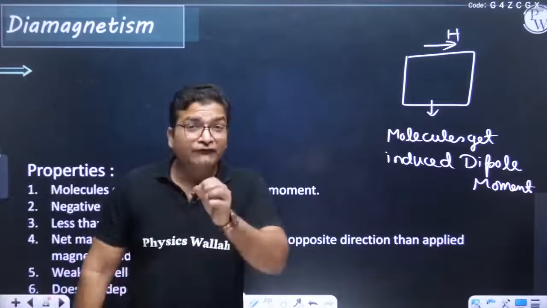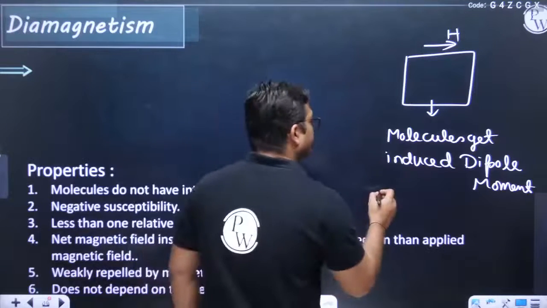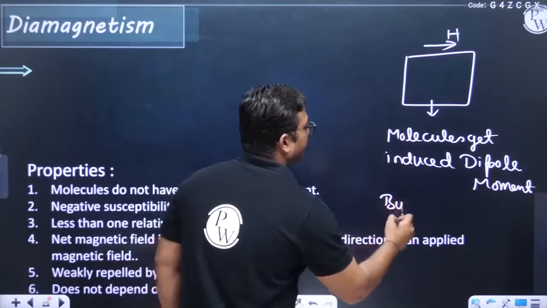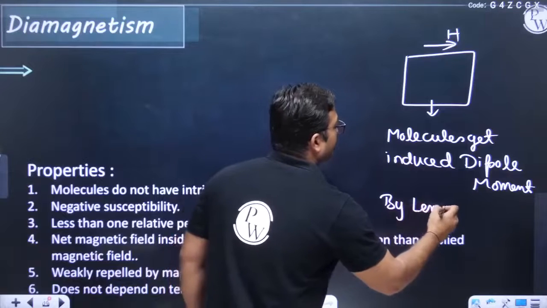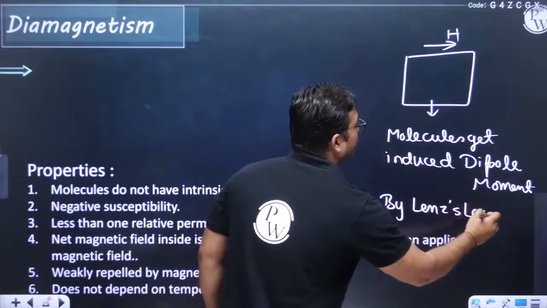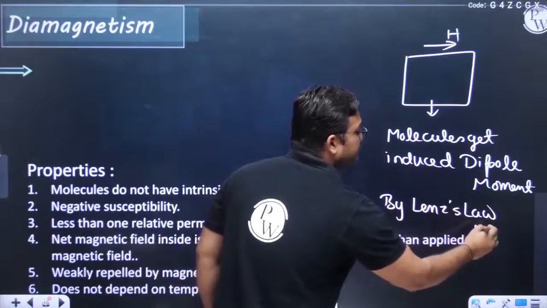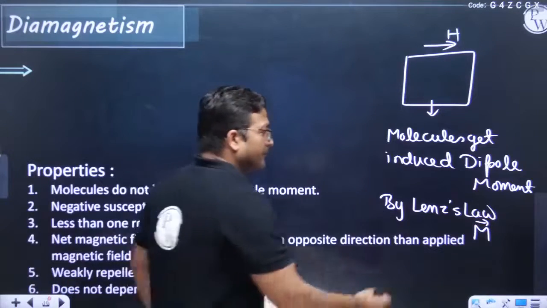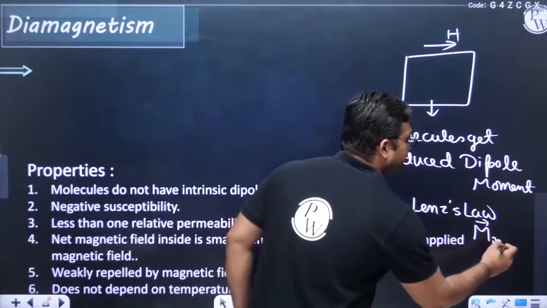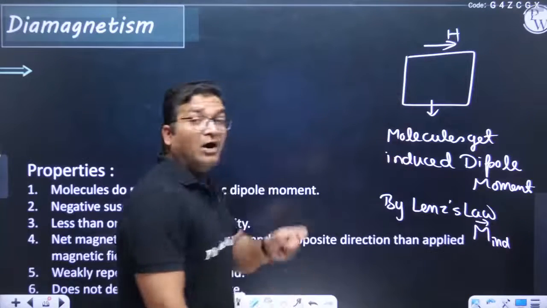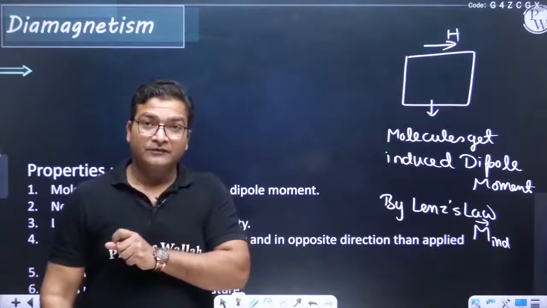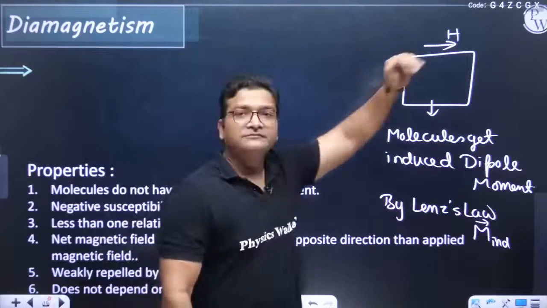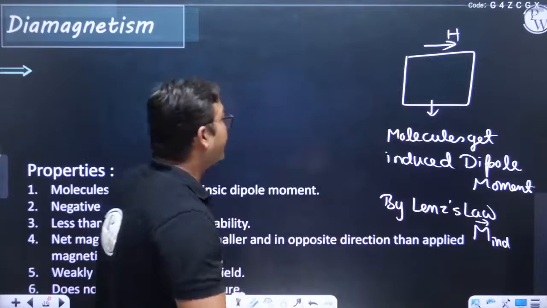And because of Lenz's law, the magnetic moment, or you can say the magnetization induced, is in the opposite direction to the applied magnetic intensity.